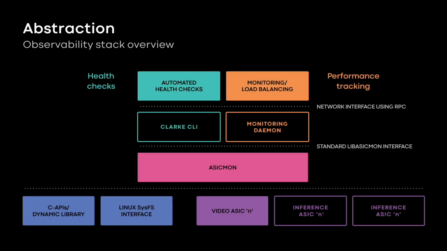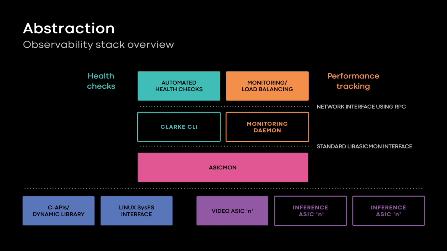So when you talk about abstraction, I think this diagram very clearly explains how Asimov is actually hiding and abstracting the details of the various accelerator hardware. So we have like various video and inference chips, and each of them may have different APIs, some of them may be through Linux sysfs, some of them may be through some profiling library. And Asimov is hiding all of this complexity, and it's providing a standard interface so that all of our observability software can be built on top of it.